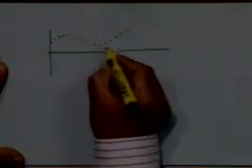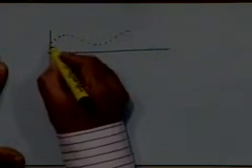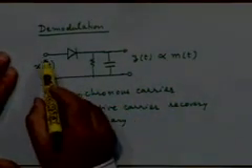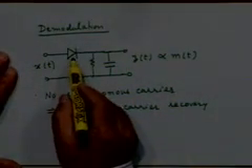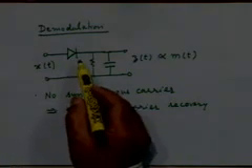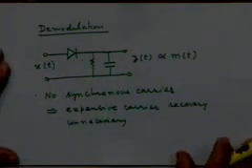Let me draw a picture. Let's say this is a modulated waveform. This is the envelope of the modulated waveform. Now, because the diode will conduct only when it is forward biased, right?